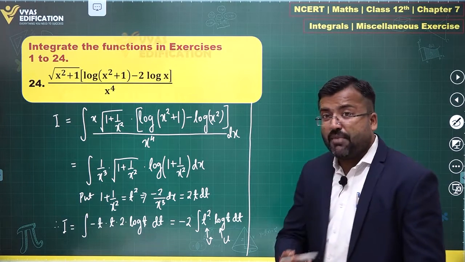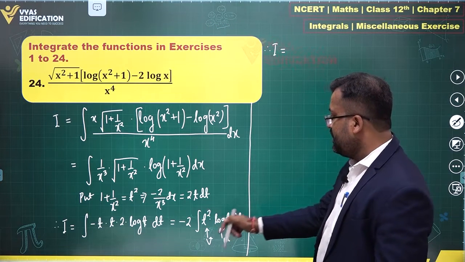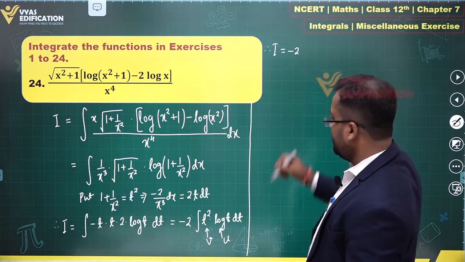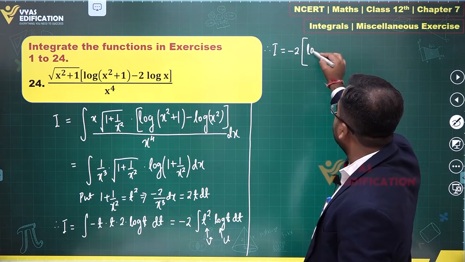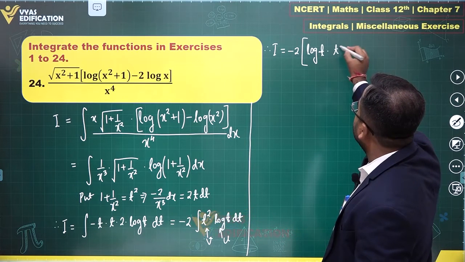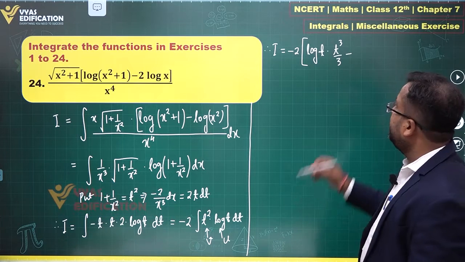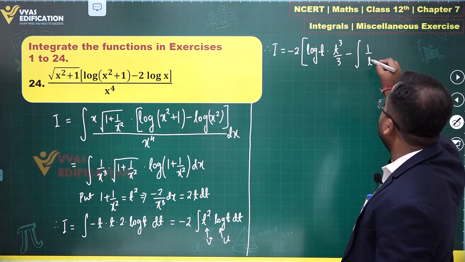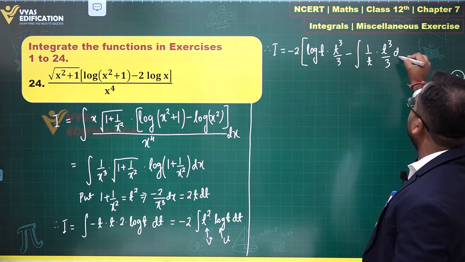Now I can apply by parts over here. Therefore I will be equal to minus 2 times integral of this will be first function times integral of t square, which is t power 3 upon 3, minus derivative of log t, 1 upon t, integral of t square, which is t power 3 by 3 dt.